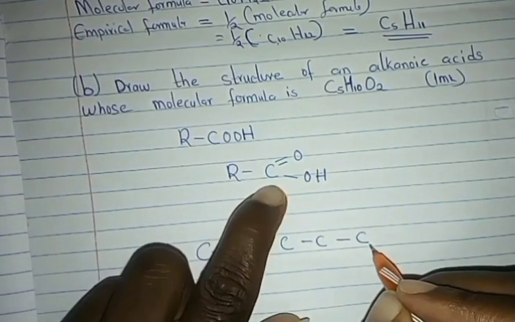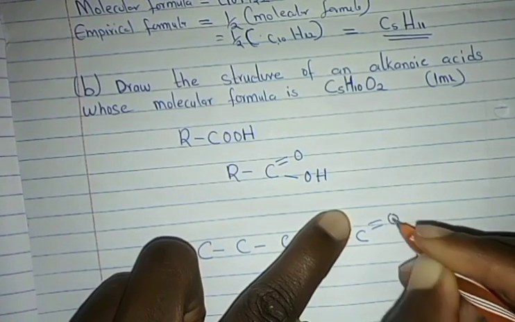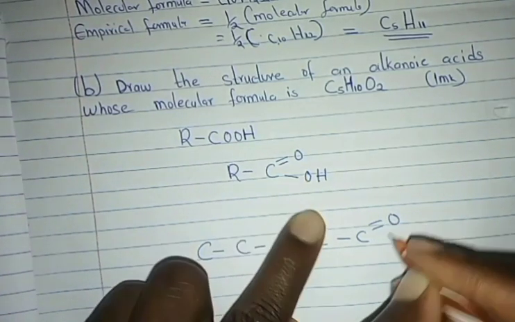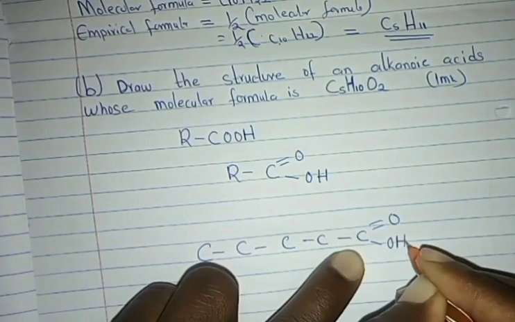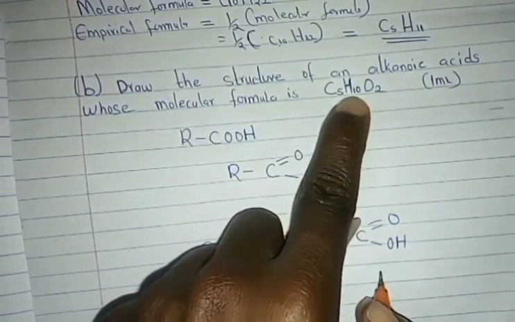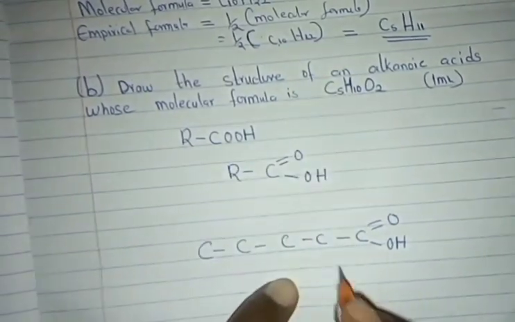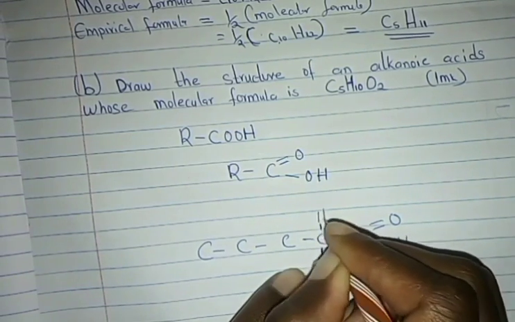Then we know the last carbon should have a double bond to an oxygen according to the general formula. Then we have a single bond to an oxygen and a hydrogen. Then we are told we have 10 hydrogens, so you can start drawing the hydrogens now.